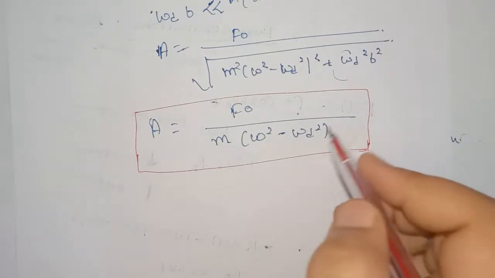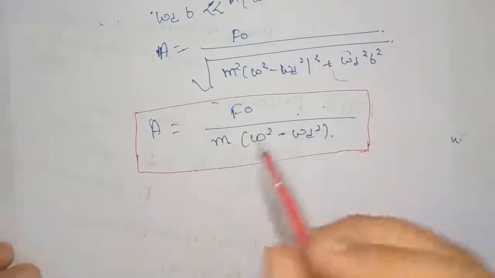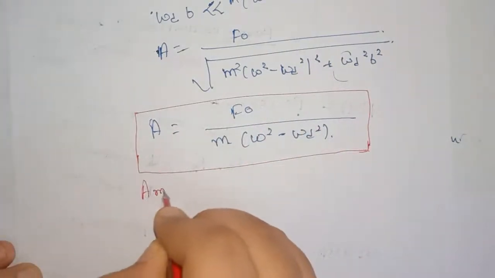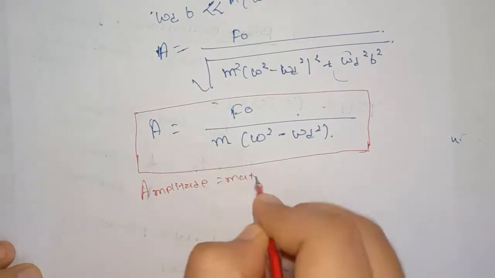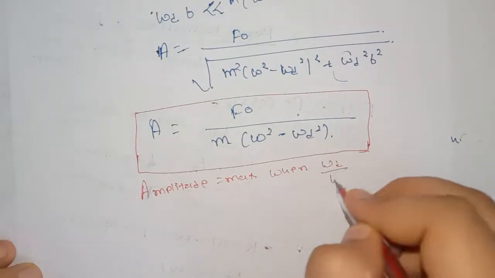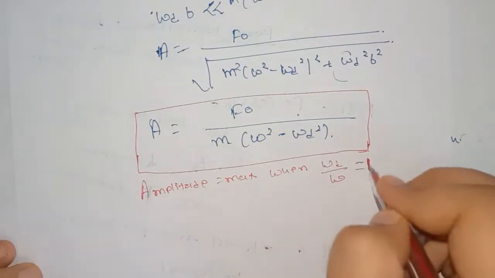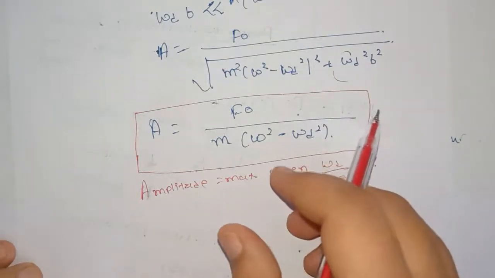In this case, the amplitude will be maximum when omega d by omega ratio is 1. That means both the frequencies are same.